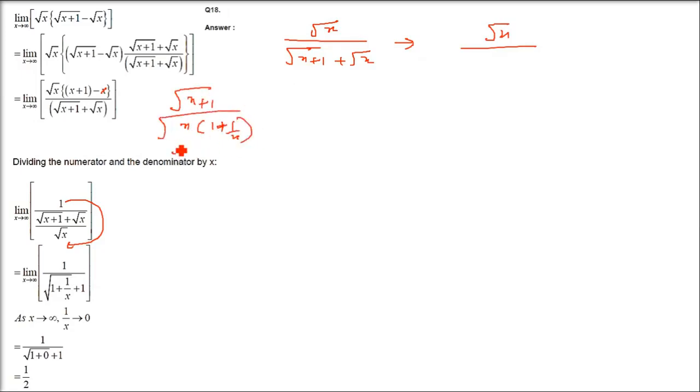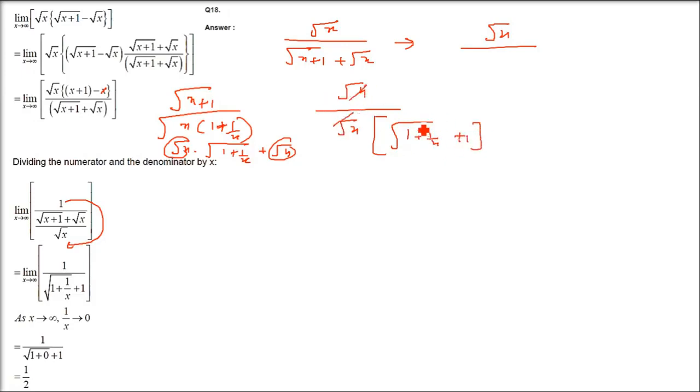So x times (1 plus 1 by x). Now I am taking root x outside, so you have root x into root of (1 plus 1 by x). And of course we have root x here, so we are taking this root x common. Inside this we are going to get root of (1 plus 1 by x) plus 1, and this root x gets cancelled.